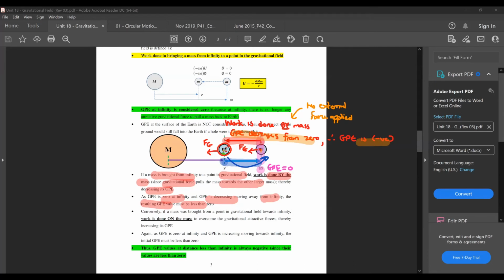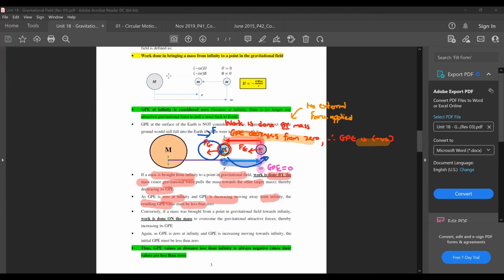You would need to overcome this gravitational force in the first place. So you actually need to purposely apply an external force to overcome this gravitational force so that you can move the mass from this point all the way to infinity.